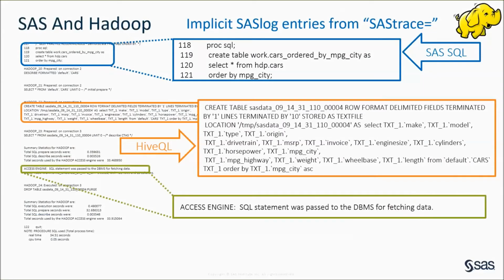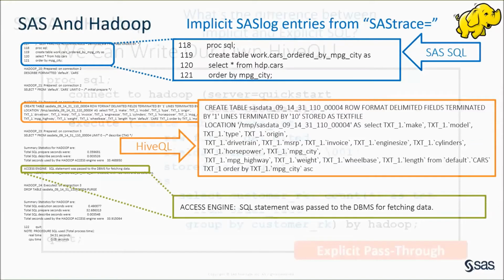Then I got this statement, which was that the Access engine actually processed and passed the code, or that rewritten code in HiveQL, down into the DBMS, or the Hadoop cluster, and fetched the data. And this is what we want to happen: process in database and not perform a select star and send the data back over to the SAS client.